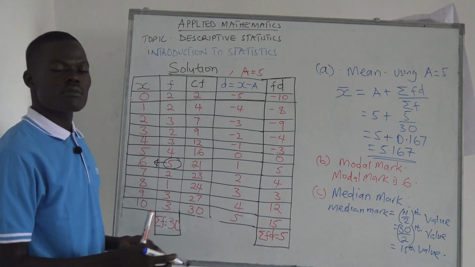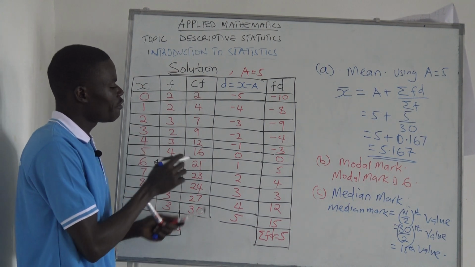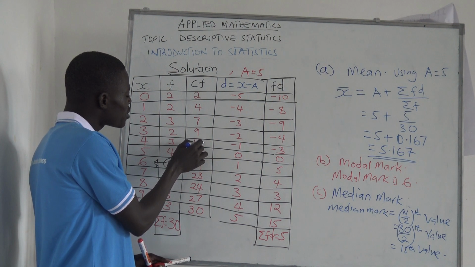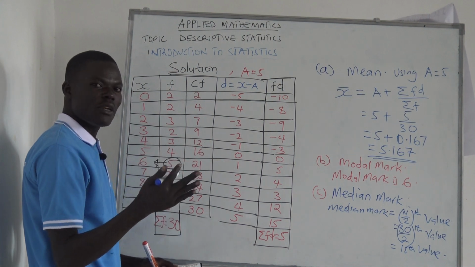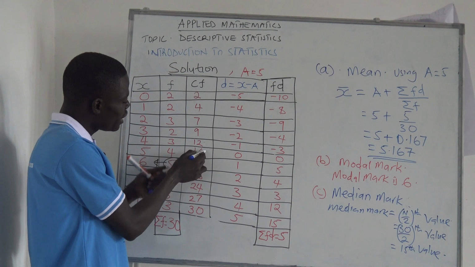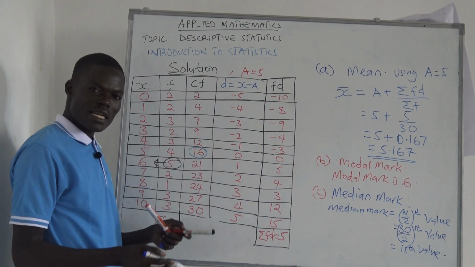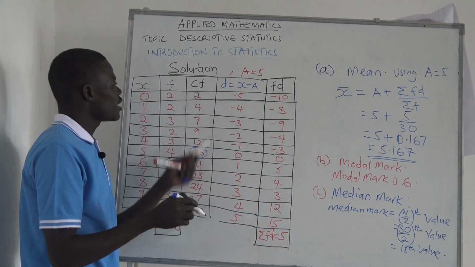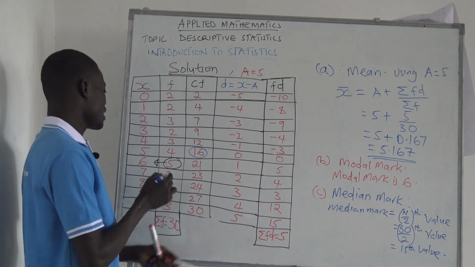You come to the cumulative frequency and you get where 15 can go without a remainder. So this 12, 15 will remain with a remainder. It will go in 16. The first value where 16 will go without a remainder, the first value in cumulative frequency is the median mark.